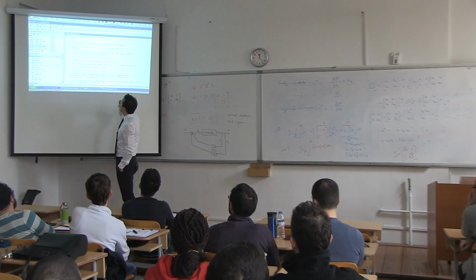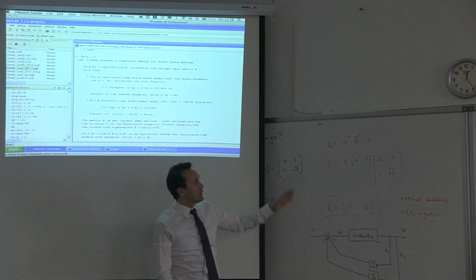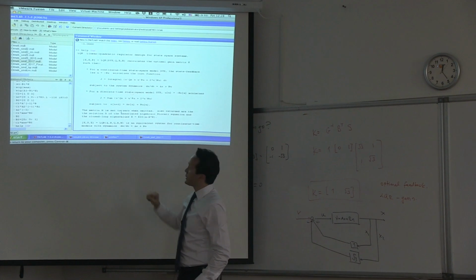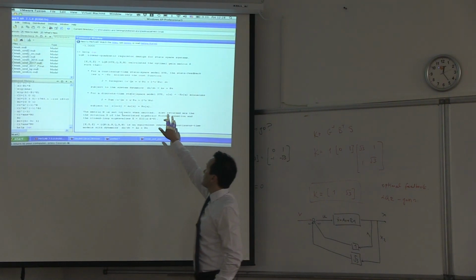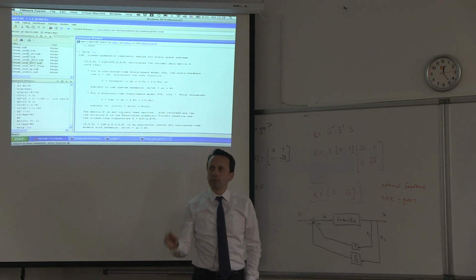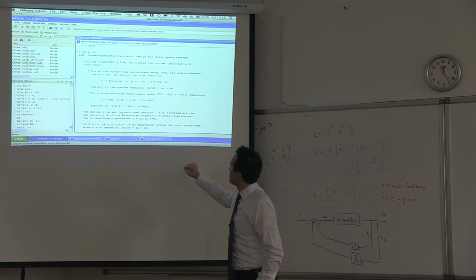So N we usually use 0 in our problem. We just have this Q and R. I called them G and F, MATLAB calls them Q and R. Subject to the system dynamics, x dot is equal to Ax plus Bu. Okay, so that's our problem with N equal to 0. That is exactly our problem. For discrete, it gives you all that.